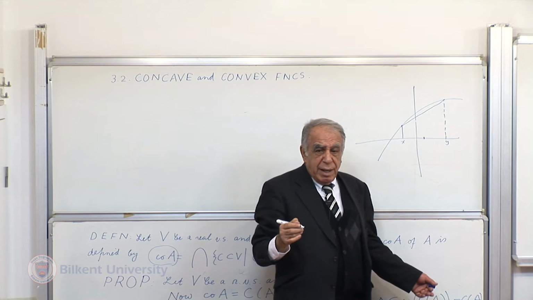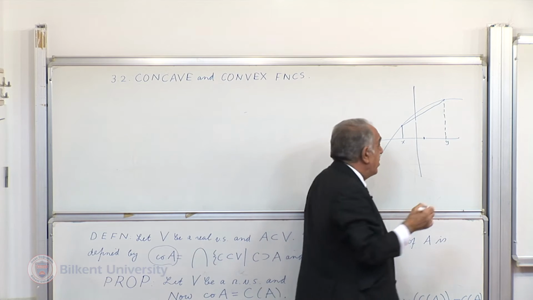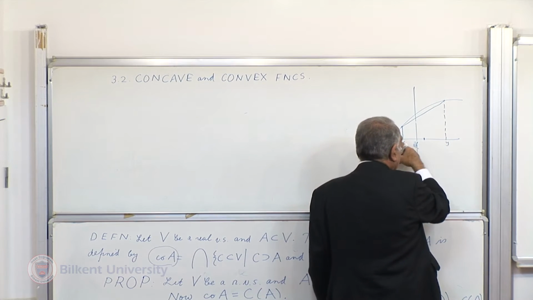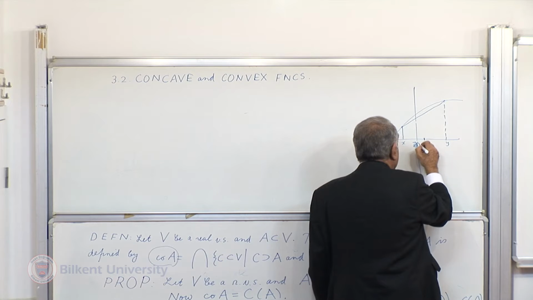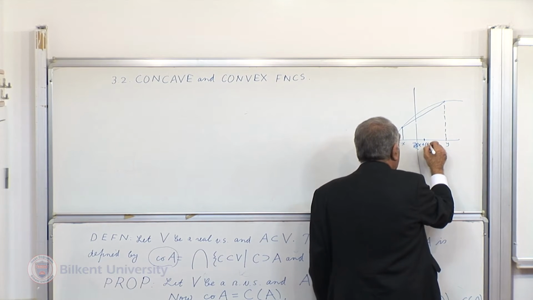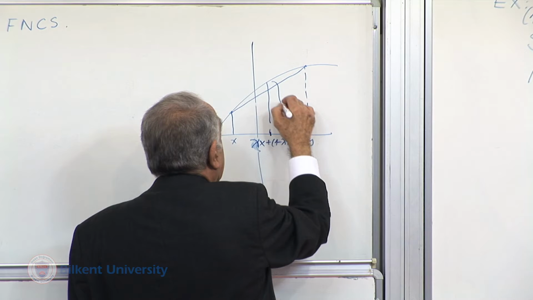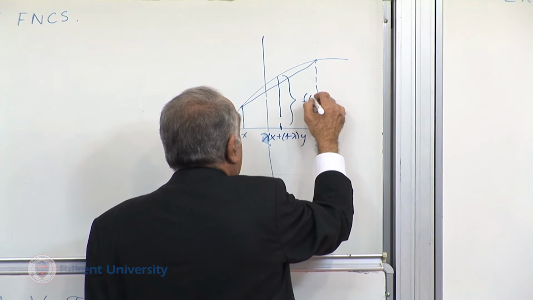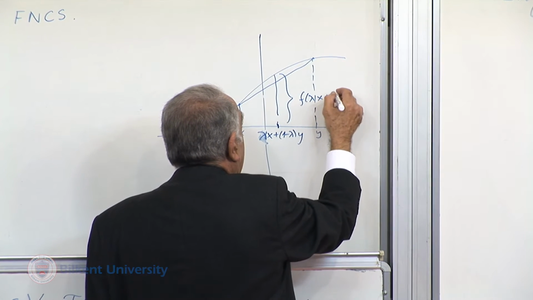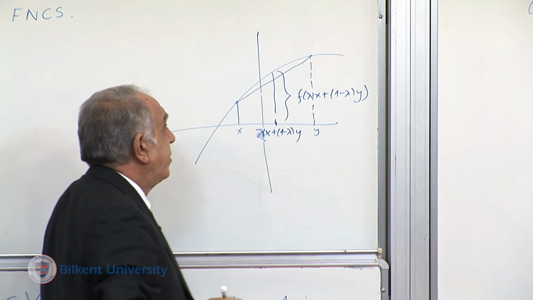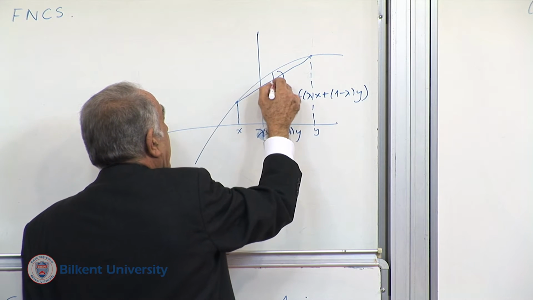What will that be? Well, that actually, for some lambda, that will be, this is not the segment xy, this will be lambda x plus 1 minus lambda y. This will be the value of f of lambda x plus 1 minus lambda y. But that will be this.